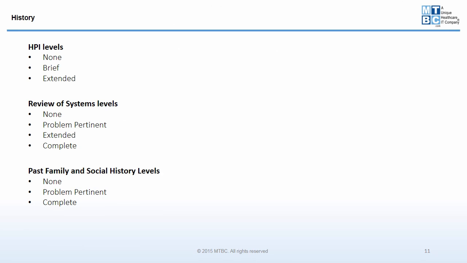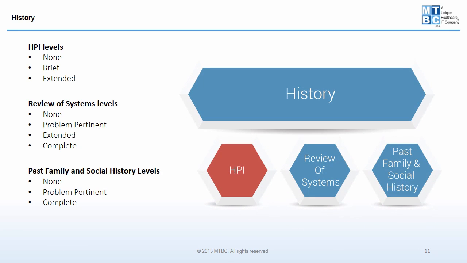Now, HPI levels, the information that you are putting in the chart can be none, brief, or extended. And the code that will be suggested to you by the E&M widget will be based on that information. Review of system levels would be none, problem pertinent, extended, and complete.